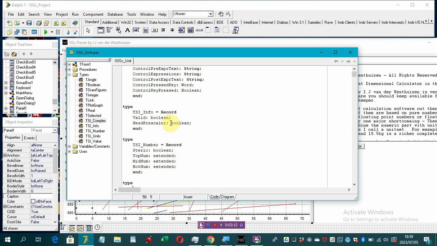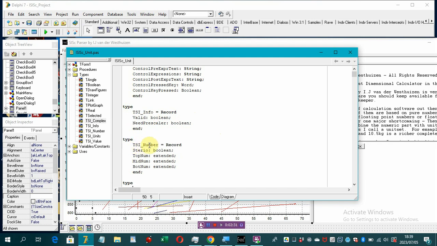So need prescaler indicates a unit if that boolean is true. It's like a true unit name, but it's got an intrinsic value that needs a prescaler to be a valid value. Okay, so that's TSC info, that part.